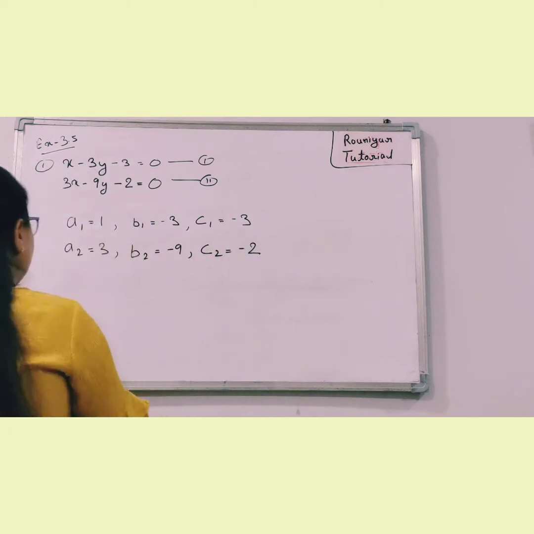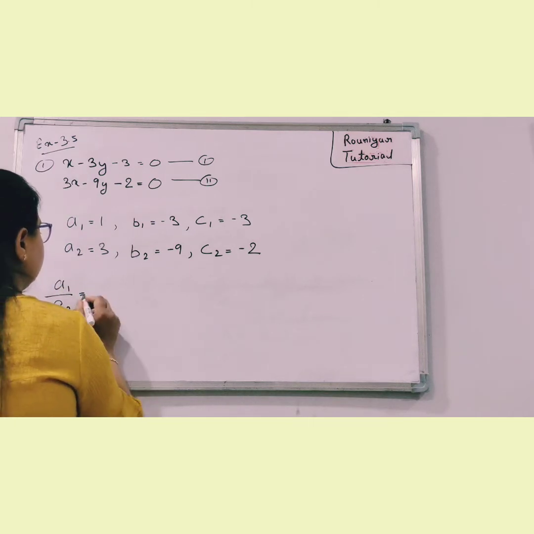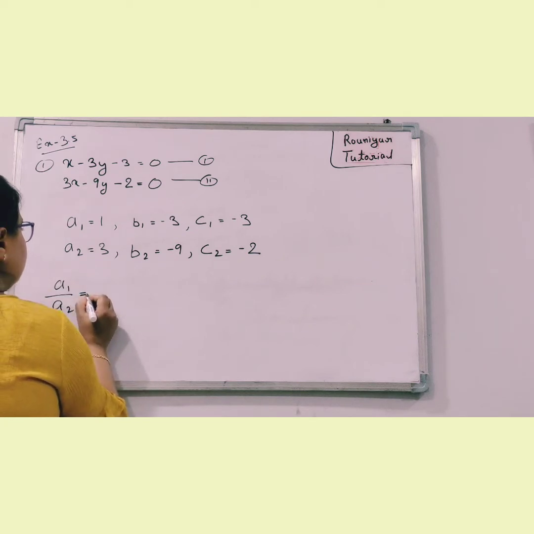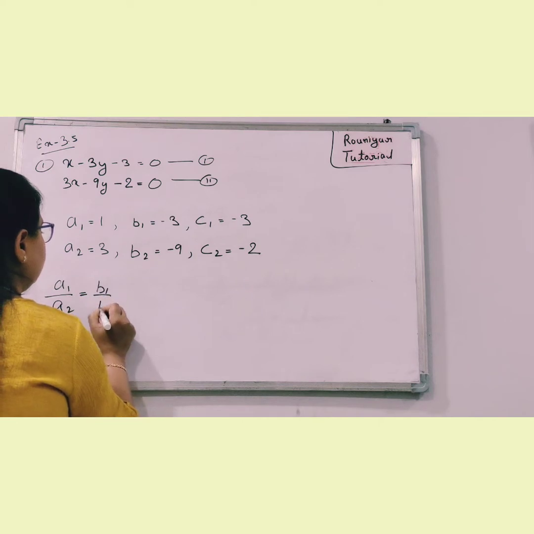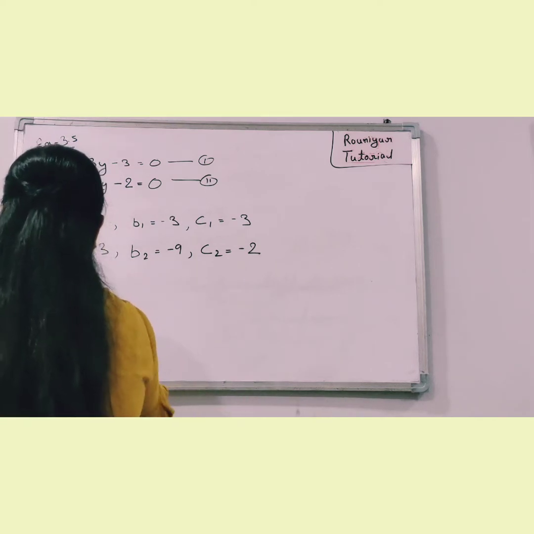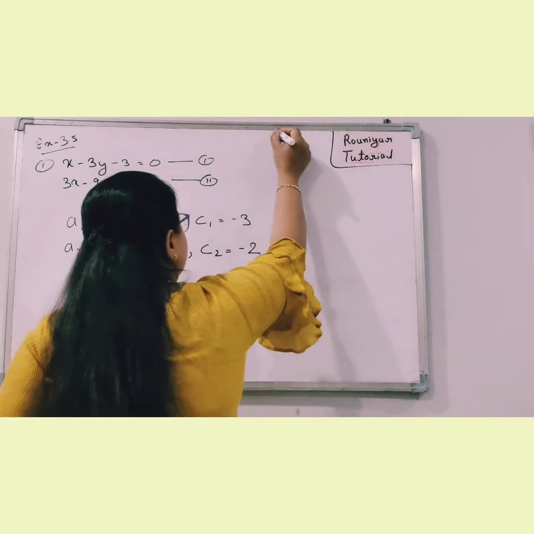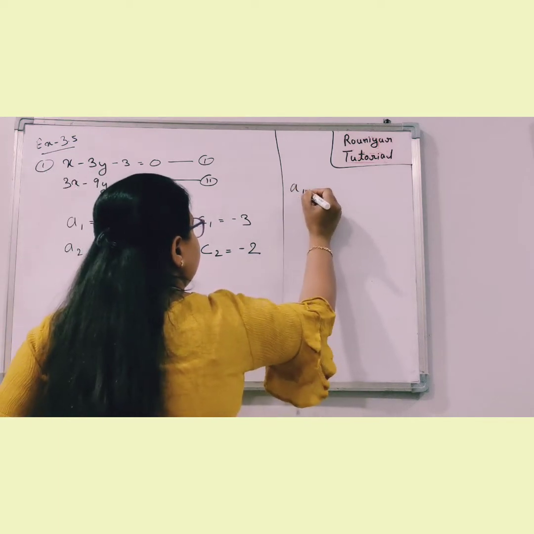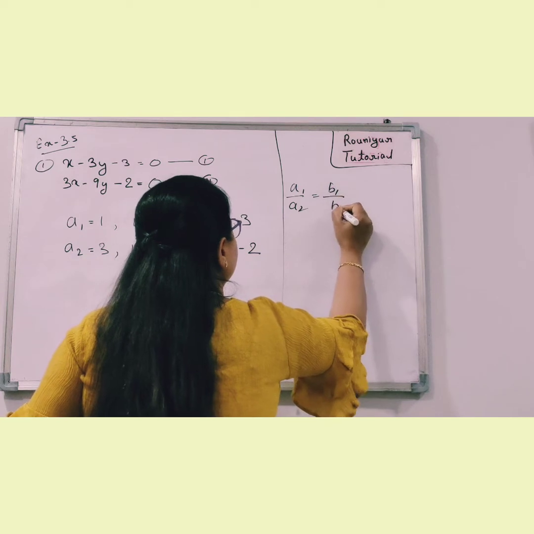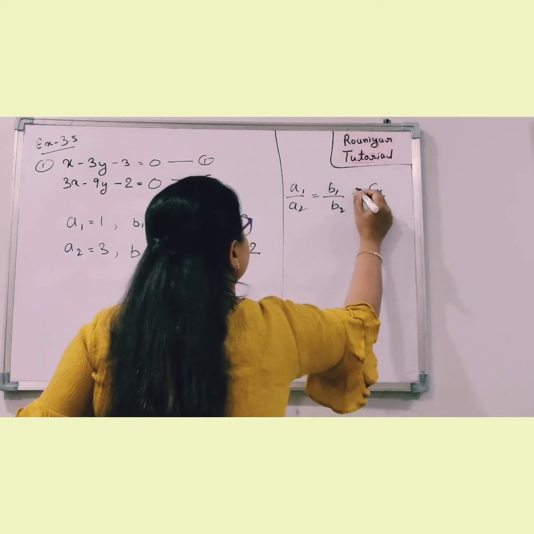Okay, तो हम करते हैं a1 by a2 is equal to b1 by b2 is equal to c1 by c2.